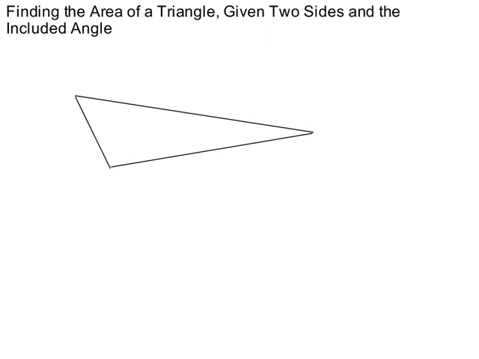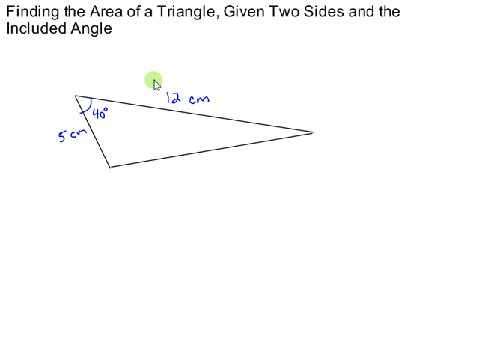And let's say that we know that the length of this side is 12 centimeters and this angle is 40 degrees, and that this side might be something like 5 centimeters. Okay? And I want to find the area of this triangle.